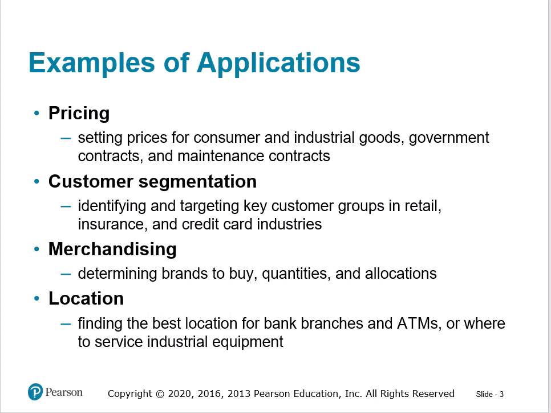Some examples of applications. One is pricing, so setting prices for consumers and industrial goods, government contracts and maintenance records. So if you look at historical records, say for example you go into Target during the month of November and you see a 45-inch television set, Sony or whatever it is, and let's just say it's $400.